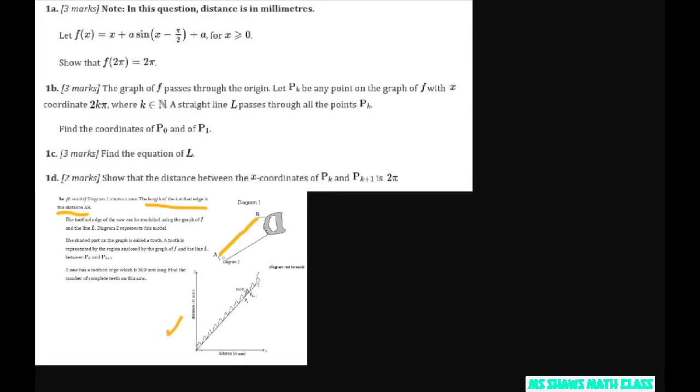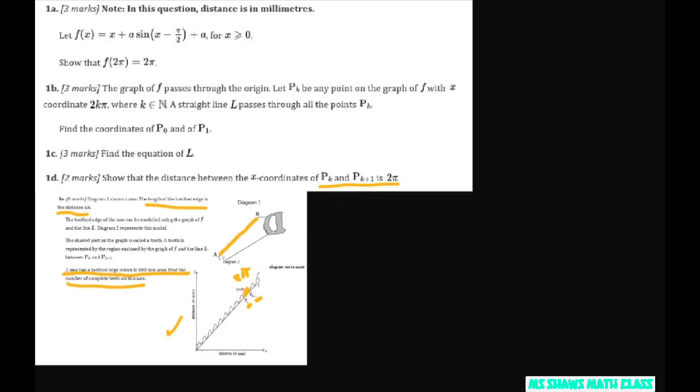The shaded part of the graph is this part right in here, and we already found that to be 2 pi. It says the saw has a tooth edge which is 30 millimeters long. Find the number of complete teeth on the saw.